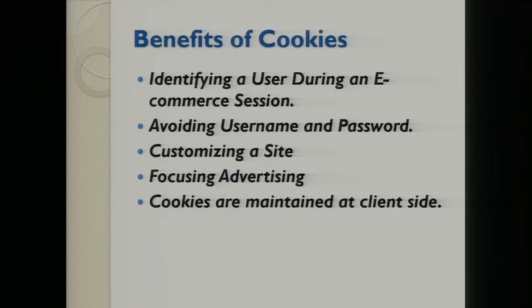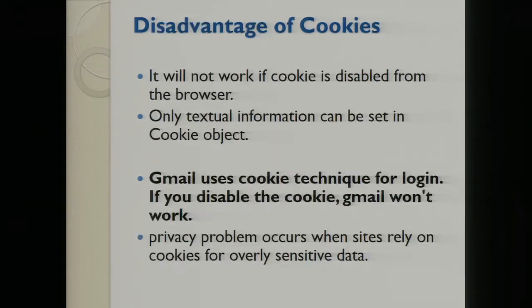Then come the disadvantages of cookies. We have discussed the advantages of cookies, but there are some disadvantages also. Let us discuss. The first one is that it will not work if the cookie is disabled from the browser. All these features we discussed are useless if the cookie is disabled from the browser, because you are not going to get those usefulness from that particular cookie.